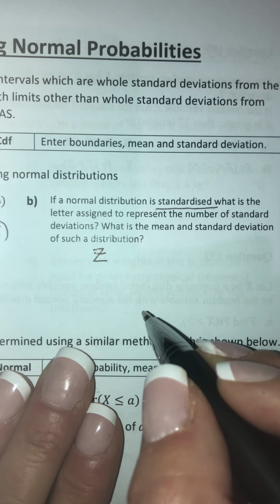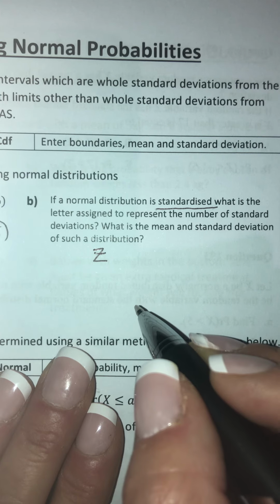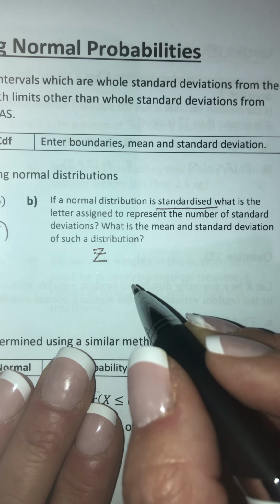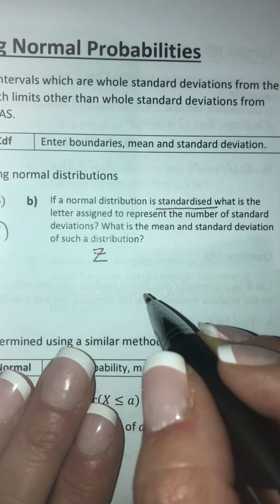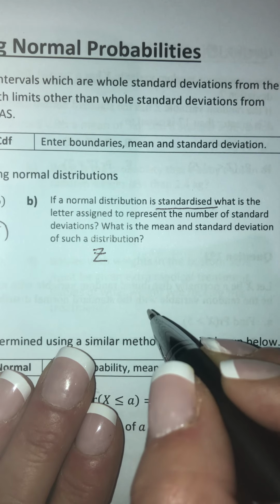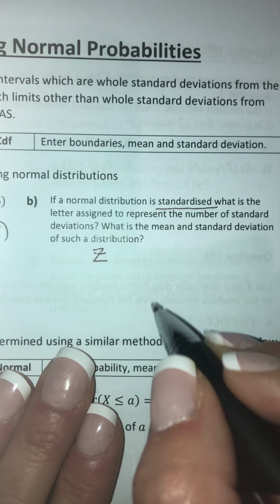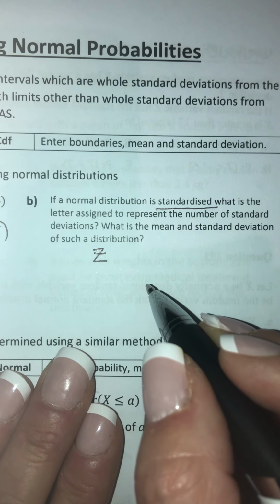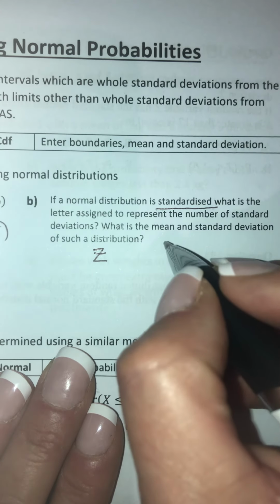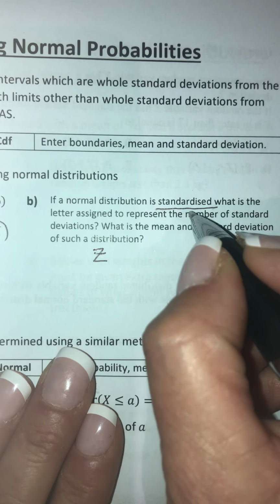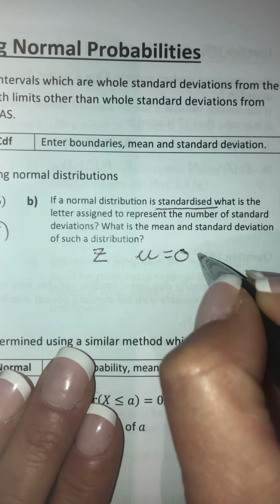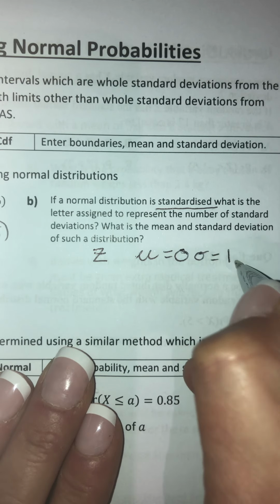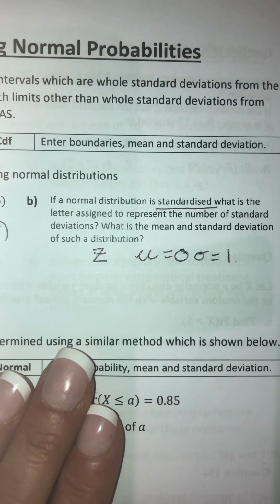But when they standardized it, they found that they actually did better than everybody else in the first subject, even though they got less grade or less percentage than they did in their second subject. So have a look back at 16B question 13 and that will make more sense. Okay, so if it is standardized, this is nice and simple. The mean is always 0 and the standard deviation is always 1. Okay, and that's how that will come about.